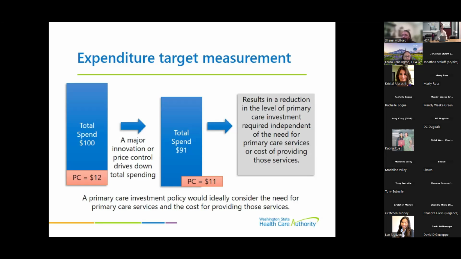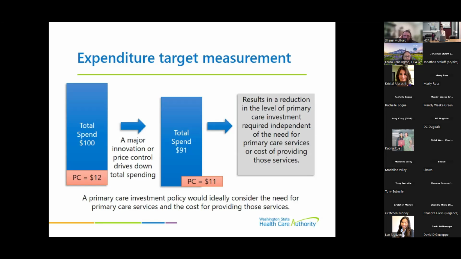So you can see the first graphic here that has the total spend of $100 under the 12% primary care expenditure target. It's obviously $12 would be going towards primary care.